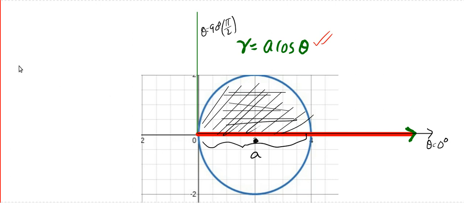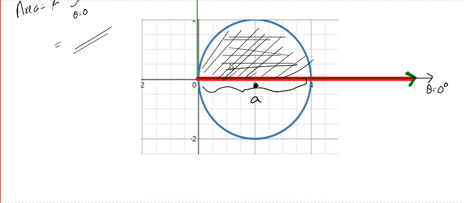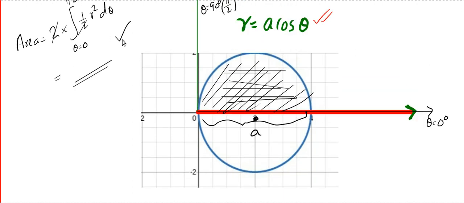So the required area is equal to 2 times the area above the initial line. And that will be integral 1 by 2 r square d theta, and theta is from 0 to pi by 2. And as always, you plug in that value. That's it. You try it and tell me whether you found the answer or not. But make sure you try it, and in case you have any doubt, ask me.